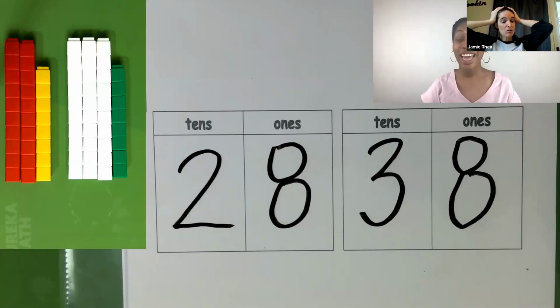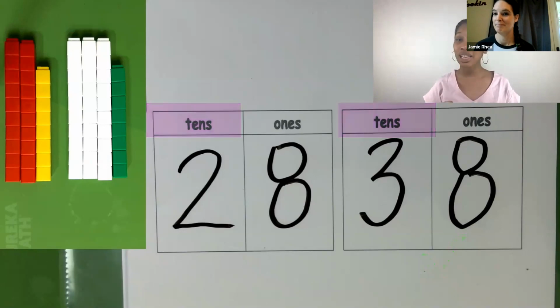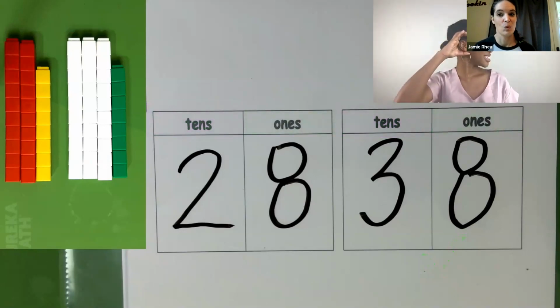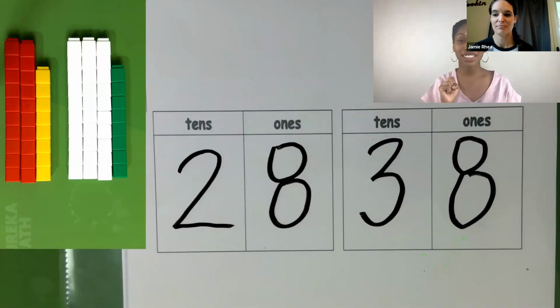Did you strike a pose if you think 28 was greater than 38? In order to figure that out, did you look at the tens place or the ones place? We looked at our tens place. Smart thinking, mathematicians.